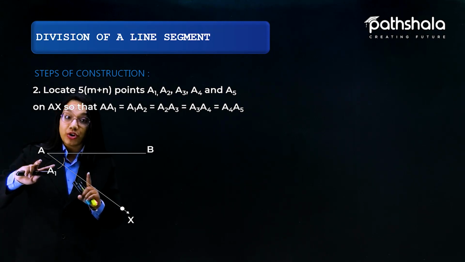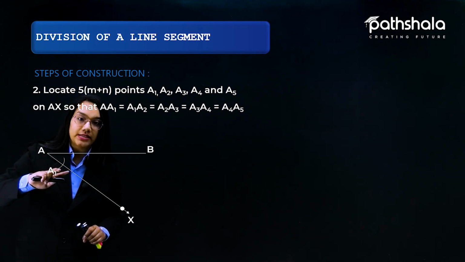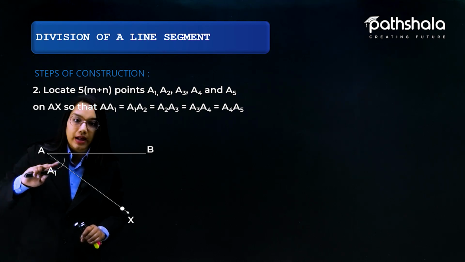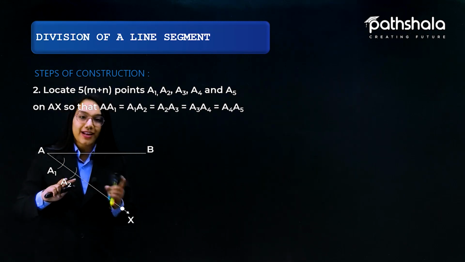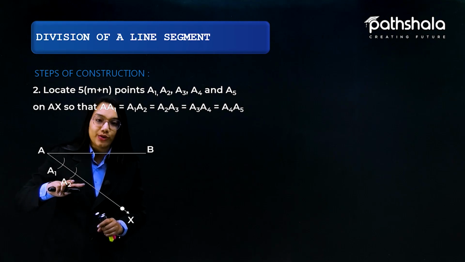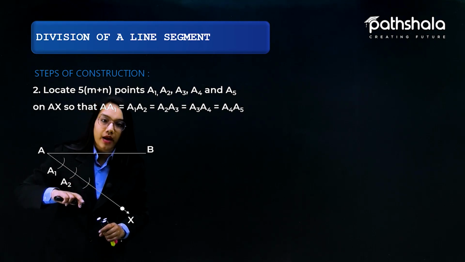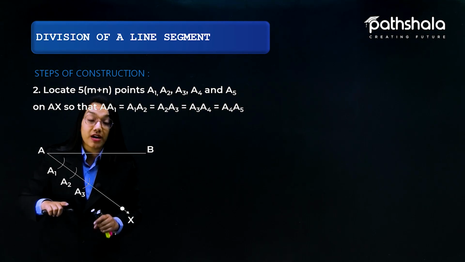Again using the same radius, taking A1 as a center, mark an arc again, and that arc would be called A2. Again using the same concept, taking A2 as the center, mark an arc again, and this will be our A3 point.